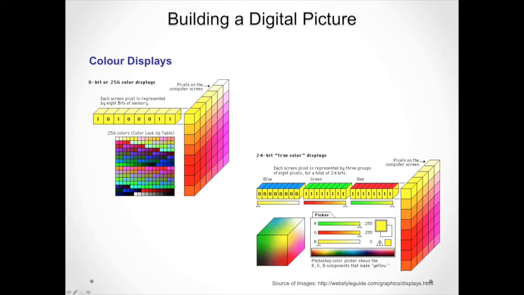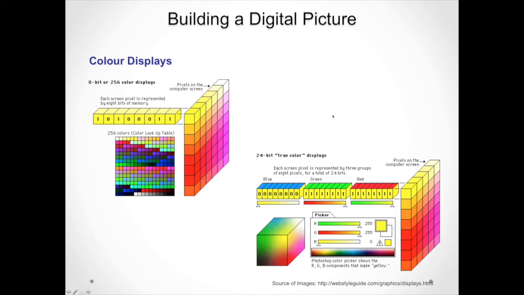But we can increase from 8-bit to 24-bit, which is true color, where each pixel is represented by 24 bits. 3 times 8 bits is 24. With each 8 bits, we can represent blue, green, and red. When you combine them together, you get a specific color in the color range. And this smoothens the color transition from one to the next.